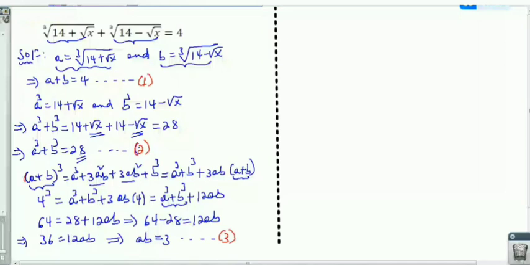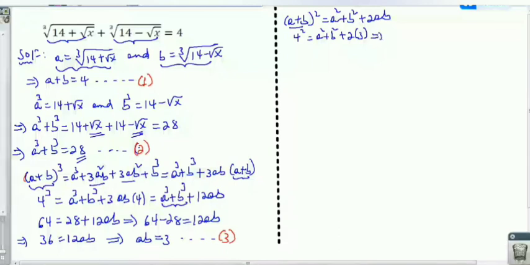Again, let us assume another thing. We all know that a plus b the whole square is a square plus b square plus 2ab, as you can check. But a plus b from the first equation is 4, so 4 square equals a square plus b square plus 2 times ab, which is 3 from the third equation.